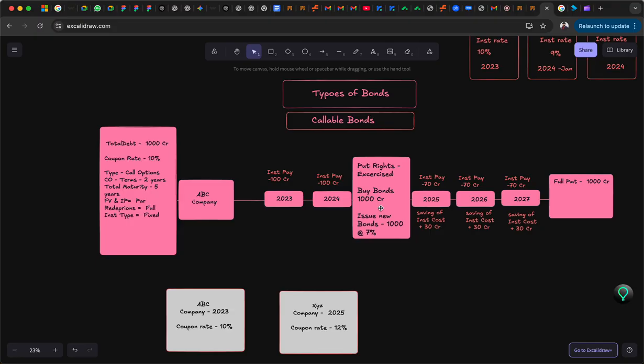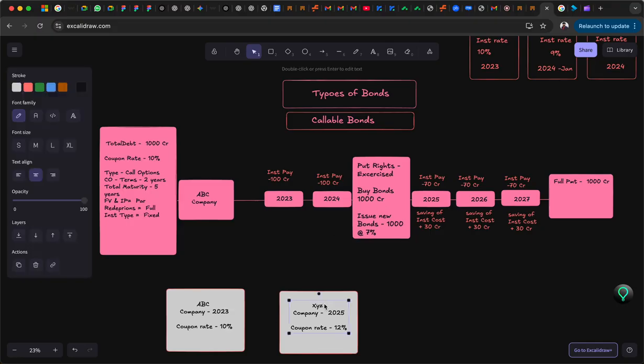Or what if the same company, ABC company, launches another series, Series B, of debt capital funding where they want to raise an additional 1,000 crores, and this time they are offering a 12% interest rate? Say you're an existing investor earning 10%, and the new investors are going to earn 12%.